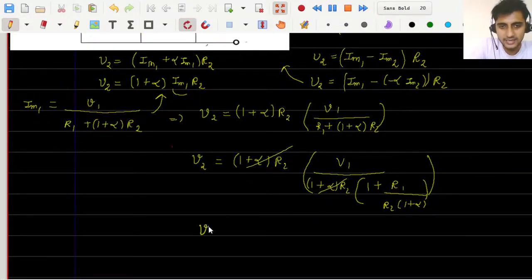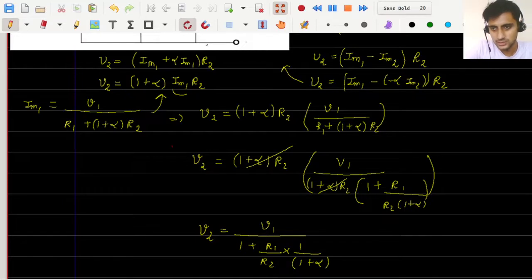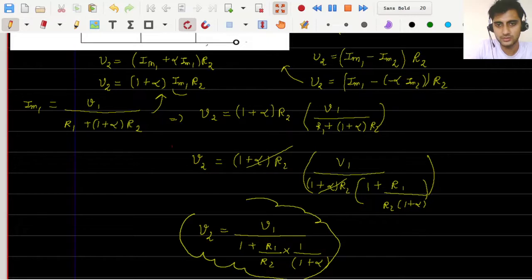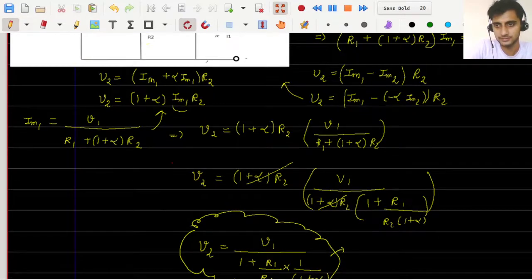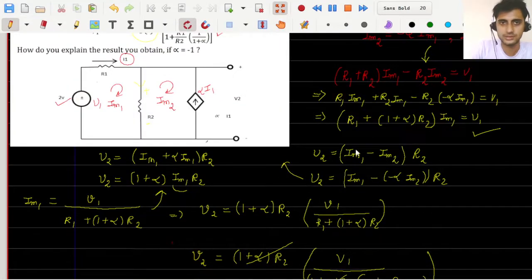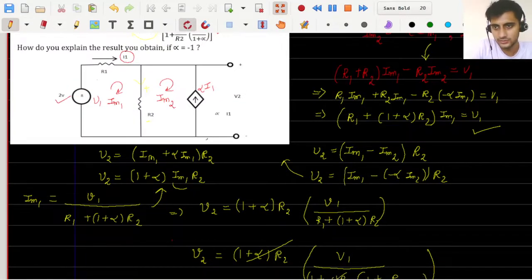And finally, I will get the equation that V2 should be equal to V1 upon (1 plus R1 upon R2) multiplied with 1 upon (1 plus alpha). So this is the relation which we were asked to prove for the given circuit. You see that this is the equation which we were supposed to prove.